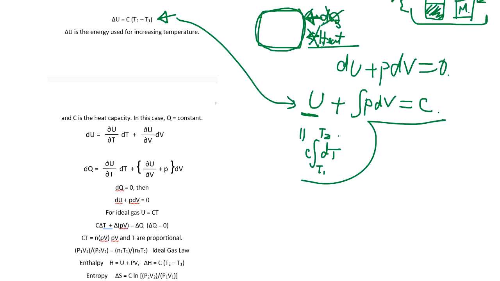Looking at this side, dQ is 0, so for the ideal gas U is cT. So actually c delta T plus delta (pV) is delta Q, which is 0, right?